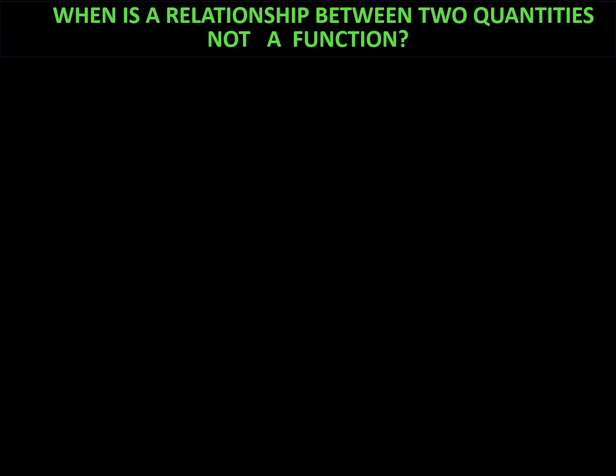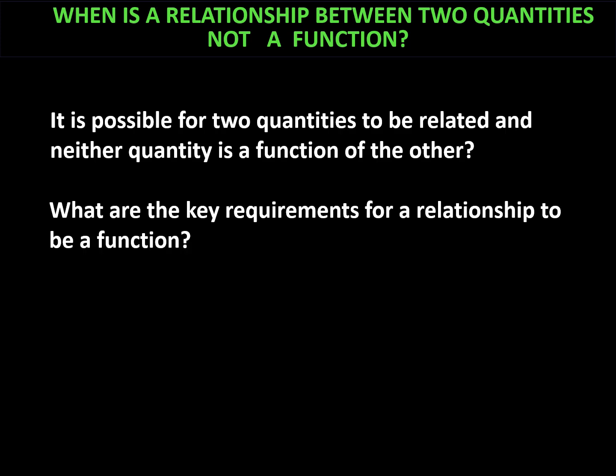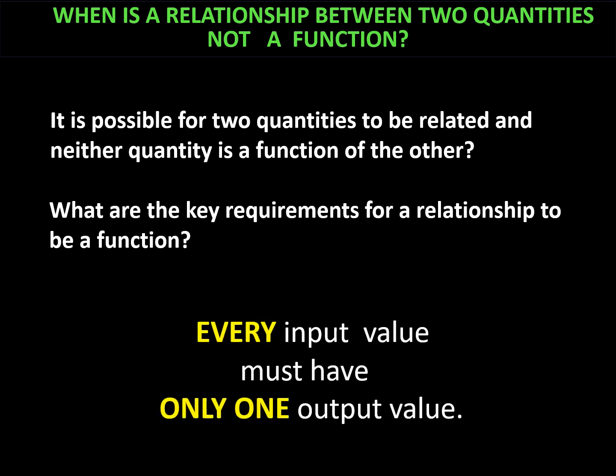Now, when we work with relations, some of these relations are functions and some relationships are not functions. So how would we know when it's a function or when it's not a function? And what are the key requirements for a relation to be a function? Now, the most important one is every input value must have only one output value.